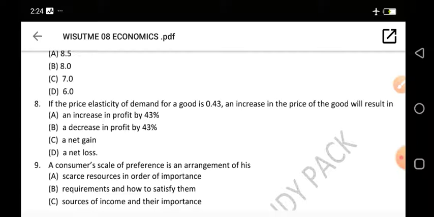Take note that when a commodity is inelastic, it does not have a close substitute. So if the producer increases the price of such a commodity, the consumer has no choice but to buy it. In that case, if the price increases from one point to another, definitely the gain of the producer will also increase. The answer to number 8, as we have seen, is C.